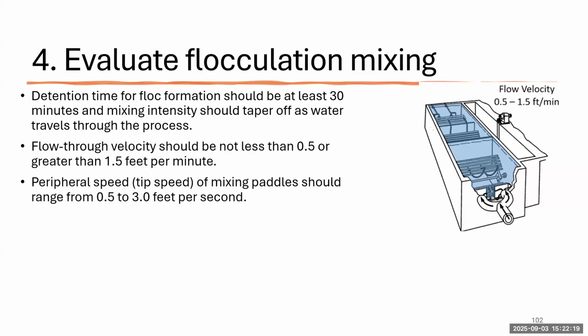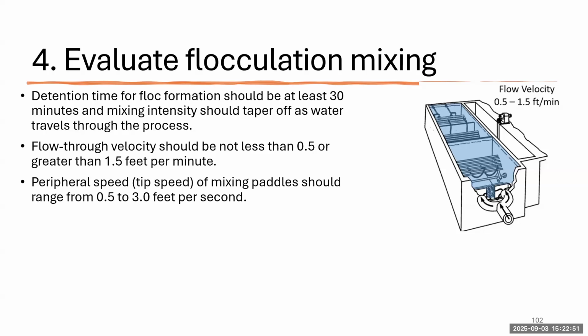And the actual velocity through the basin shouldn't be less than 0.5 feet per minute, because you don't want the particles to settle out in the tank, or greater than 1.5 feet per minute, because you don't want a lack of detention time, or to go so fast that it's causing problems with shearing floc.